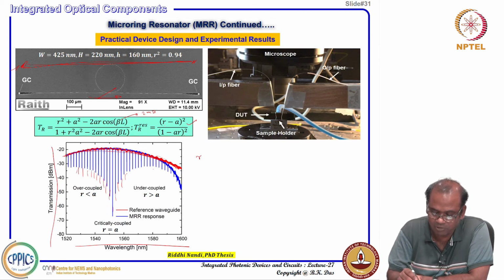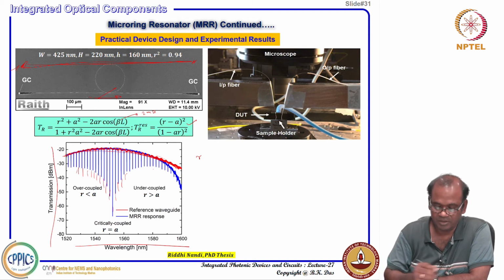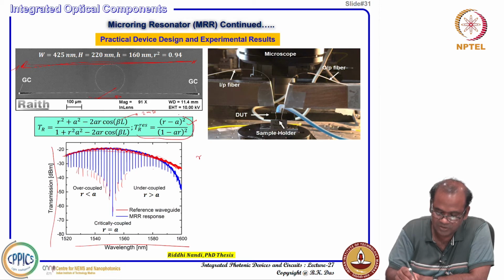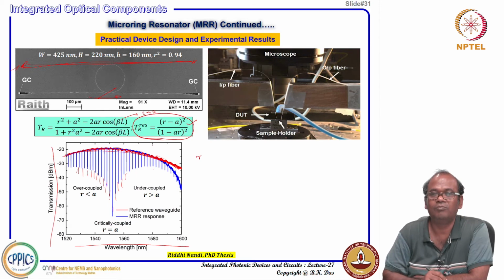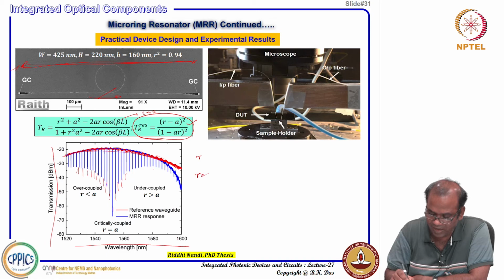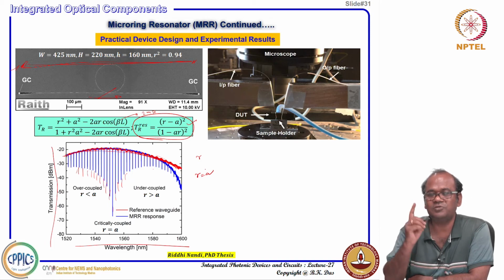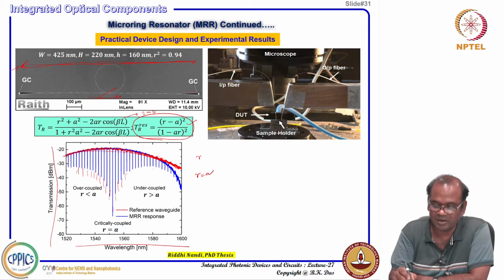So, carefully look: if at some wavelength R equal to A, the transmission at resonance will be 0. So, when R equal to A, the transmission output at the resonance wavelength will be absolutely minimum.